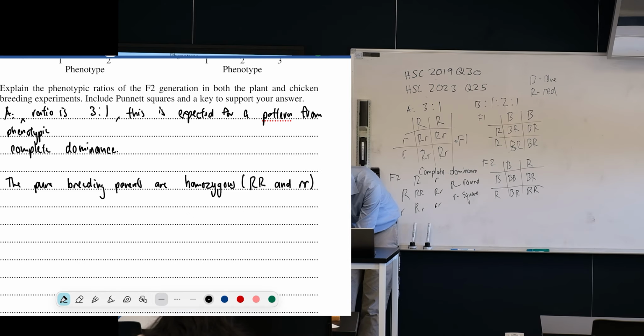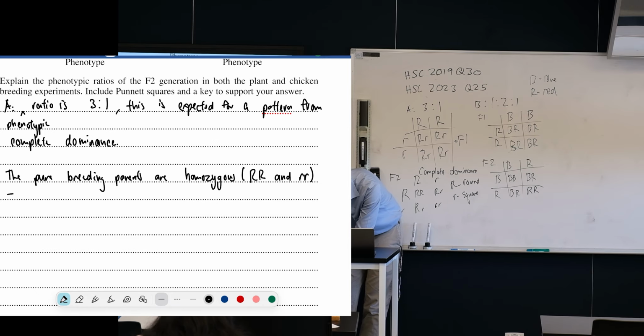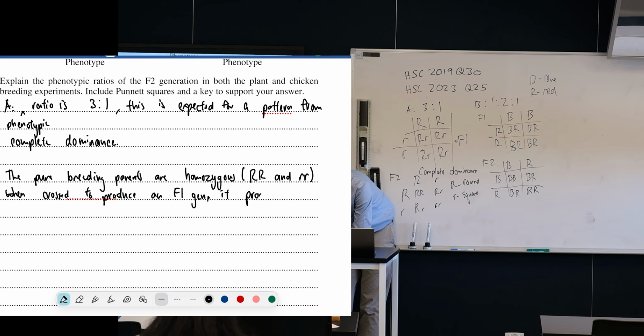Then I can say this when crossed to produce an F1 gen, it produces all big R, little r, or heterozygous combinations.